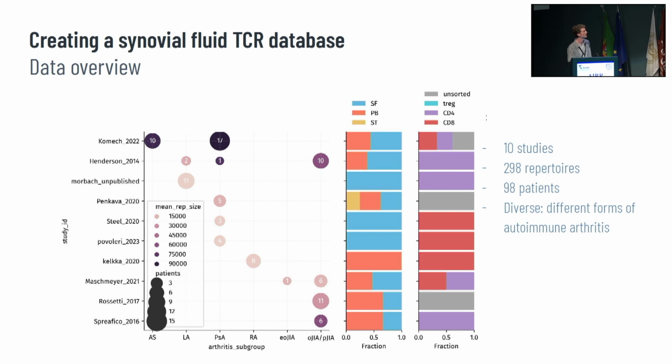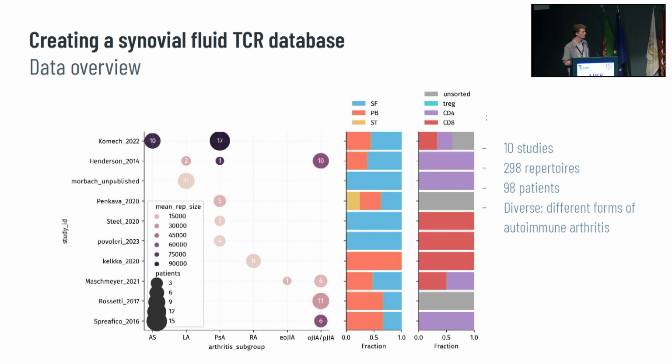You can see that this is across different arthritis subgroups, but also across different compartments: the synovial fluid, peripheral blood, and a couple of synovial tissue samples, and also across different subsets that were sorted out.